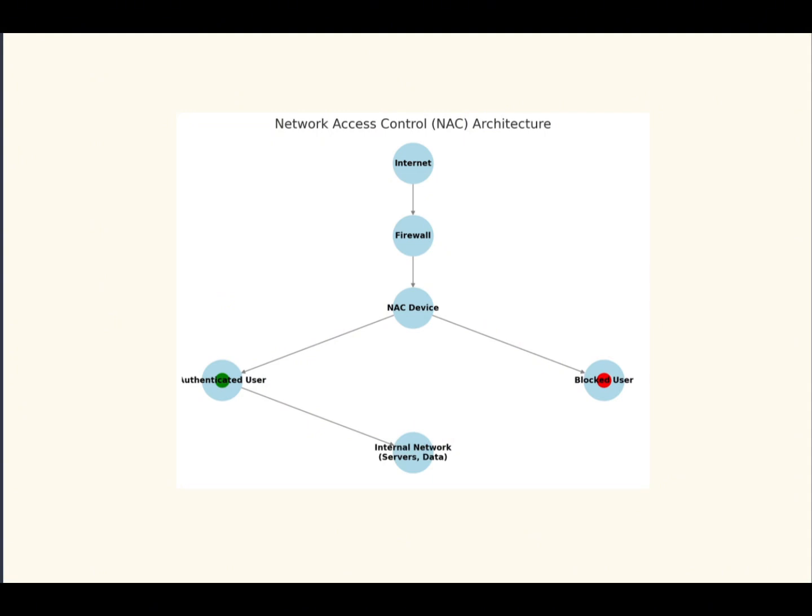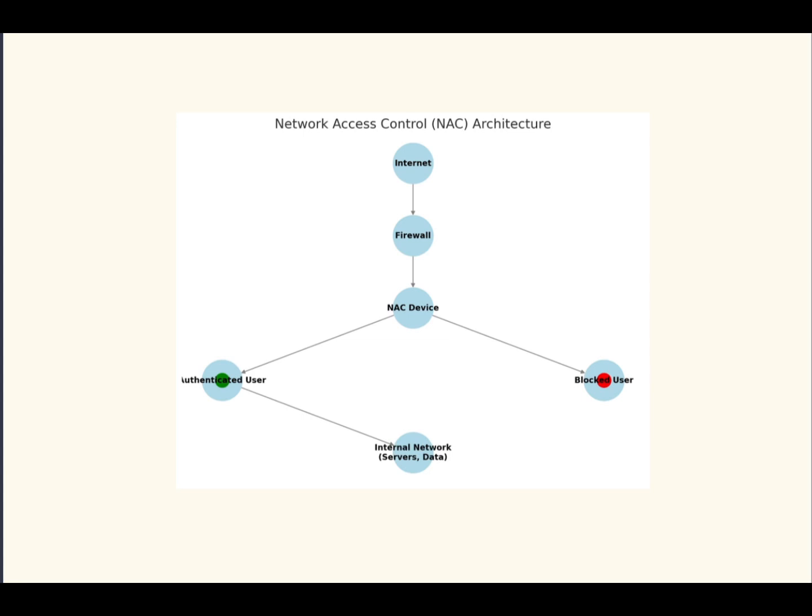And also, access control policies allow or block users based on role-based rules, role-based access control, we can say. Employees can access internal systems, but guests get limited internet access.